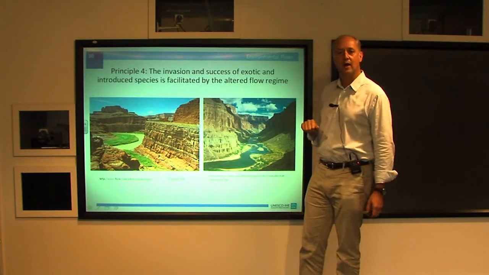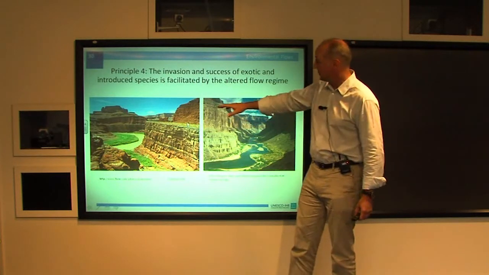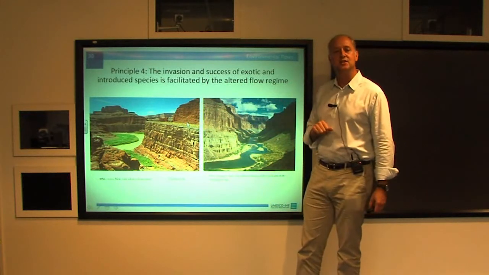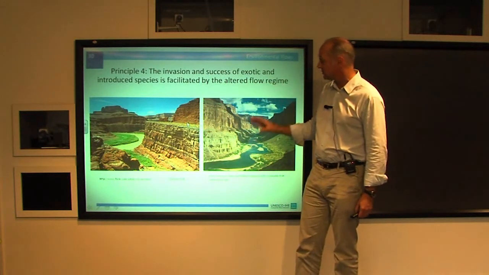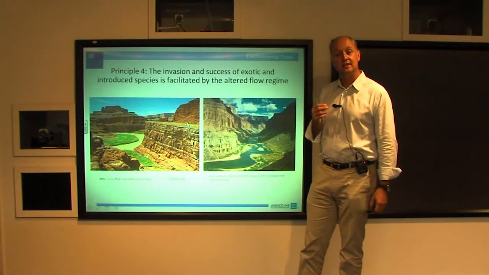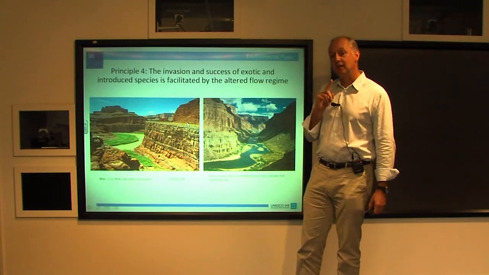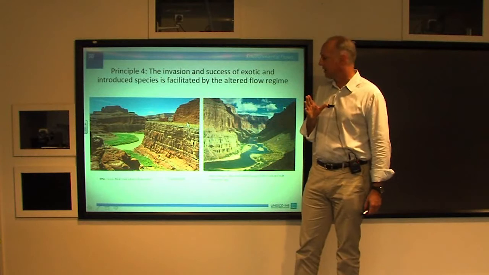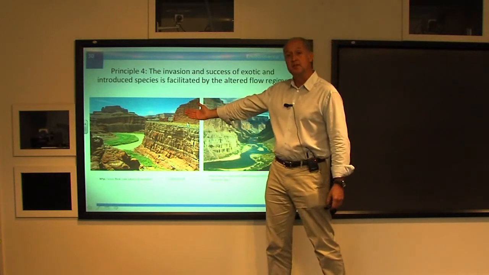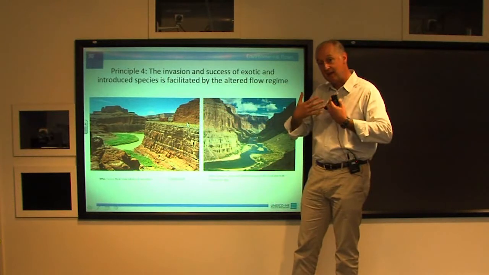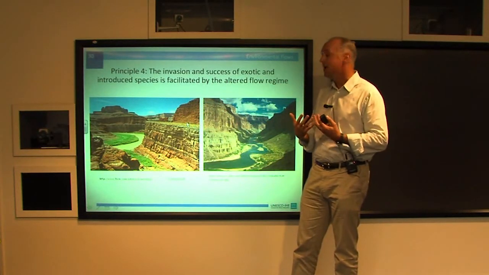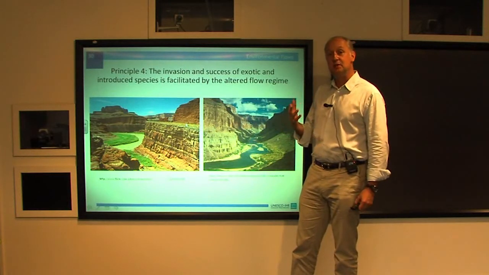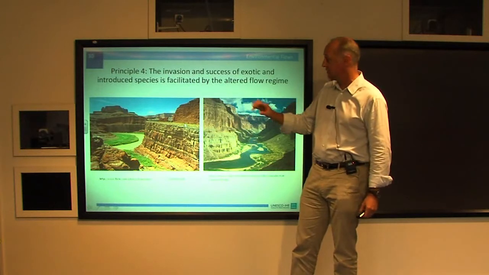Now these are images of the Colorado River, and they're lovely images, and we can see on the left a ribbon of green along the edges of this river, and that ribbon of green is primarily tamarisk, an invasive species that would not normally be there, except that the flow regime has been controlled in this river, and what previously were large floods that would come down annually or seasonally down the river and wash these adjacent areas of vegetation, maintain sandy beaches, sandy point bars.